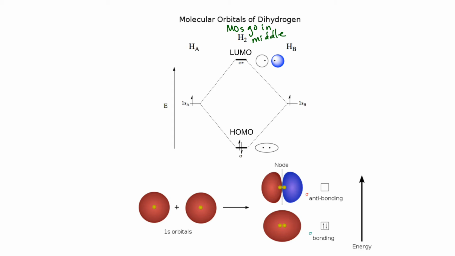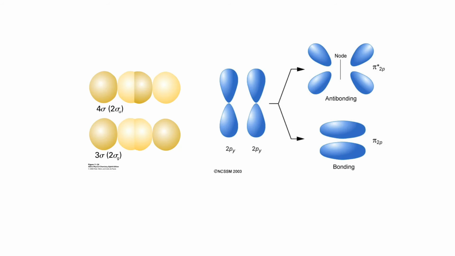By coming together, they have lowered their respective energy versus staying apart. So this tells us that hydrogen likes to be in a bond versus as an individual atom. So it's going to spontaneously form a bond if it gets close enough to another hydrogen atom.